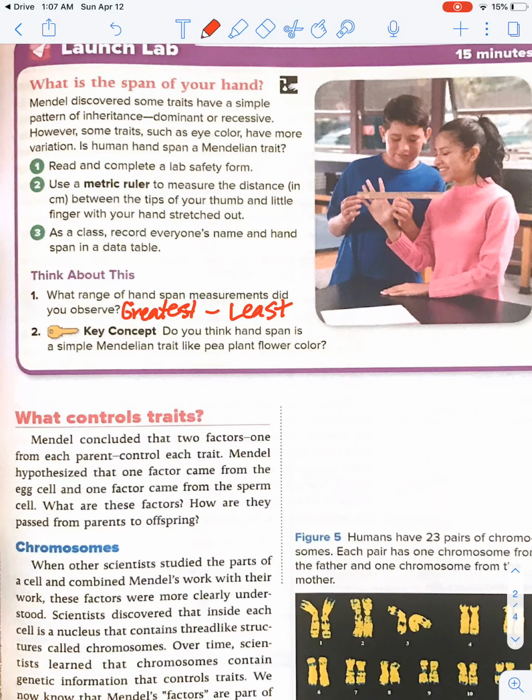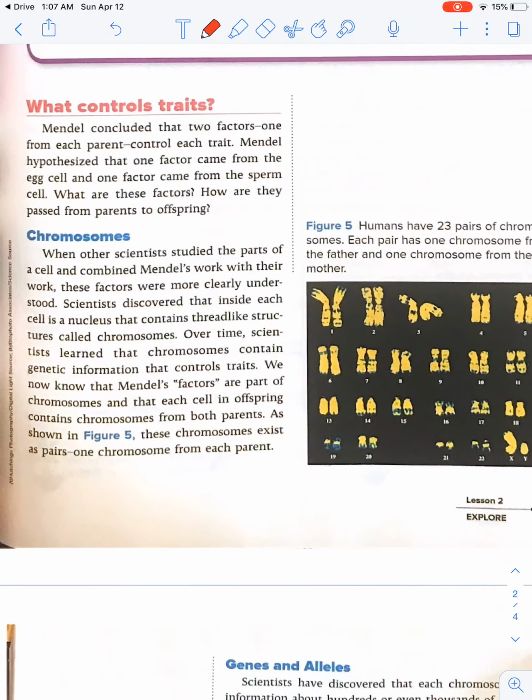So I'm going to hypothesize that handspan is made up of many genes, and that it's not a simple Mendelian trait. But we'll look at that after you've put in your numbers for the Launch Lab. I will post the results of that next week, or you can go back and look at it yourself because you'll have access to that Google Sheets.